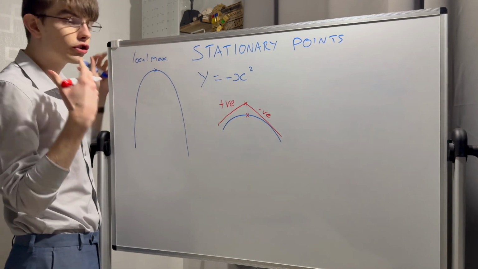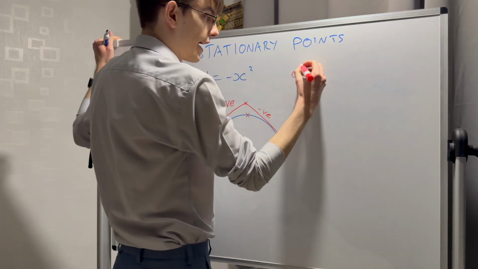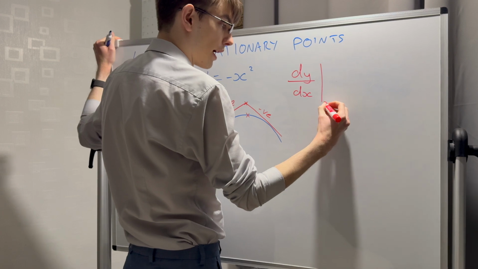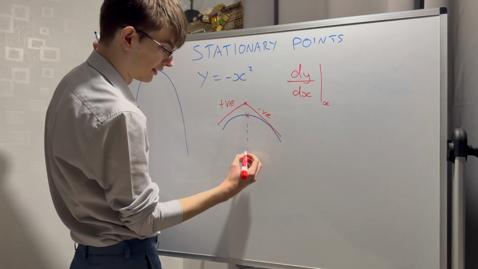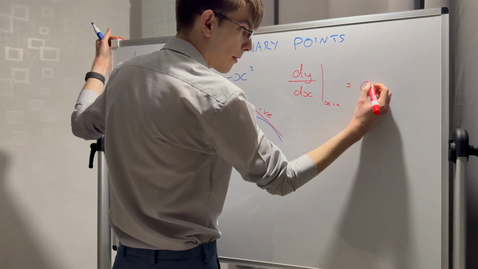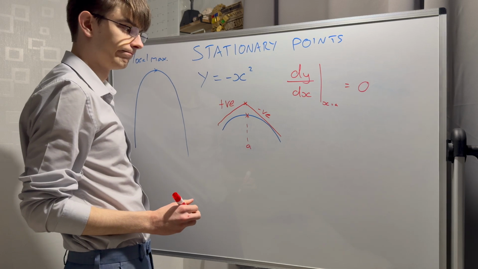So once we've found our stationary points, and at our stationary point, let's say my stationary point is at x coordinate A, my gradient at x equals A is 0.